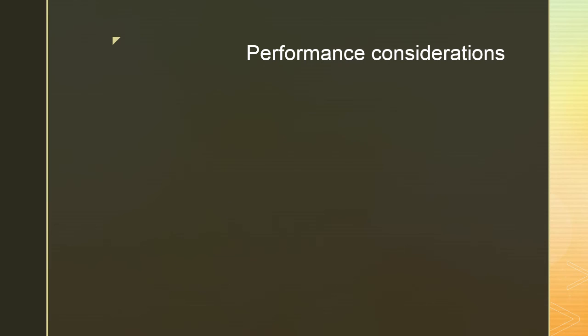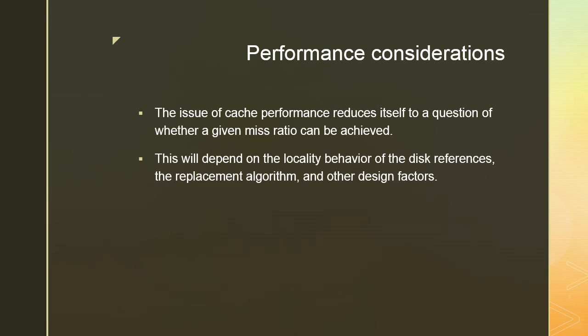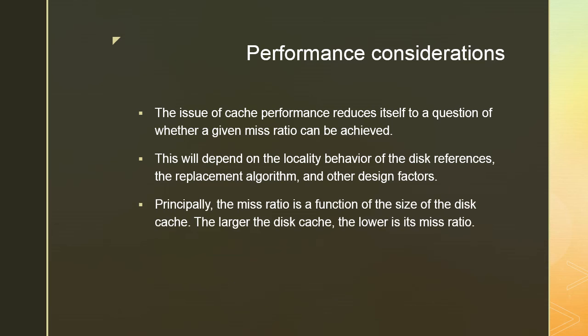Performance considerations. The issue of cache performance reduces itself to a question of whether a given miss ratio can be achieved. This will depend on the locality behavior of the disk references, the replacement algorithm, and other design factors.